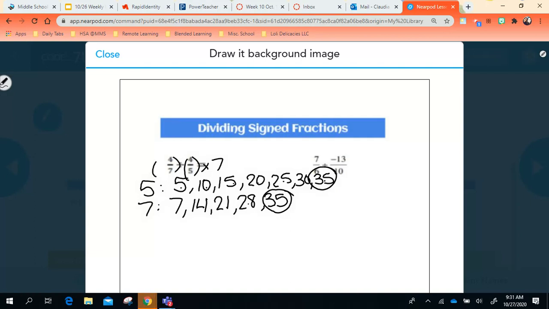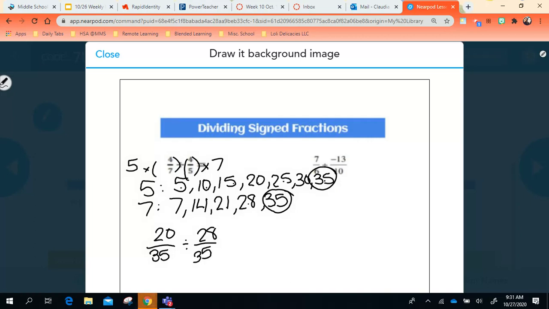I'm going to multiply by 5. So I know 5 times 4 gives me what? 20 over 35. Same thing. What is 4 times 7? 27. I mean 28. Over 35.